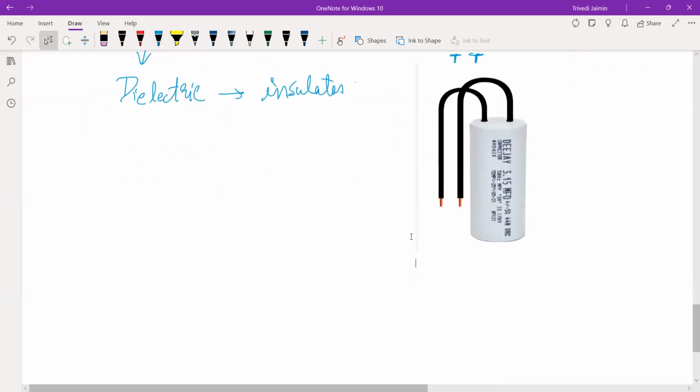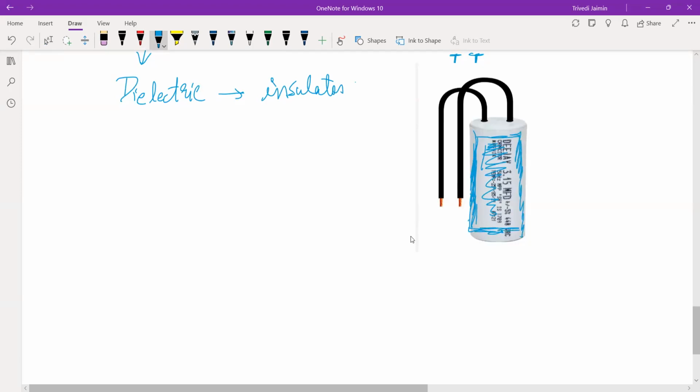It will be like this. Its work is to charge and discharge. Now, if I do a cross section of this, this is the material inside. Between the material and these wires, there will be some other thing so that it does not conduct easily.